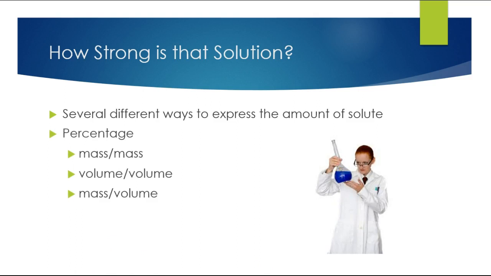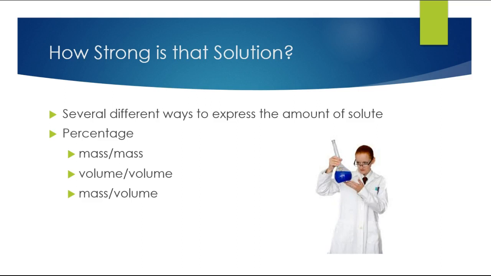One of those ways is with percentage, either a mass percent, in other words, the mass of solute in the mass of solution, volume, or mass volume. These are all used in many consumer products, medicine, all around the home.